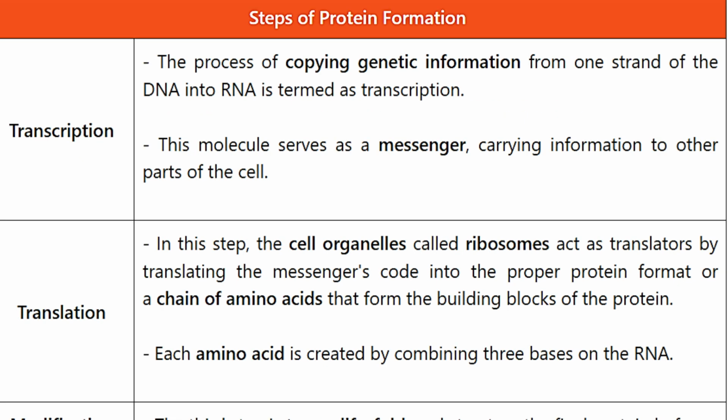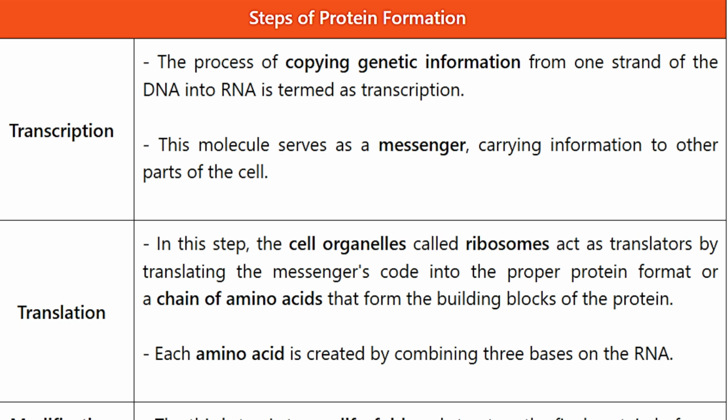Steps of protein formation. Transcription. The process of copying genetic information from one strand of the DNA into RNA is termed as transcription. This molecule serves as a messenger, carrying information to other parts of the cell. Translation.